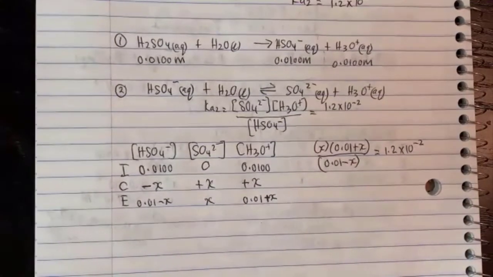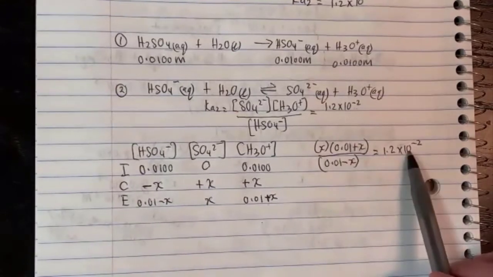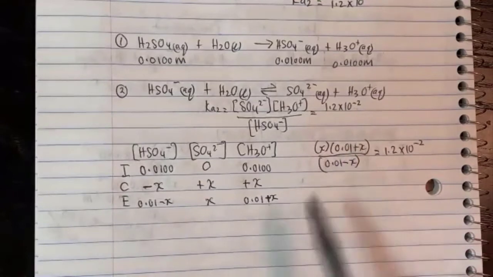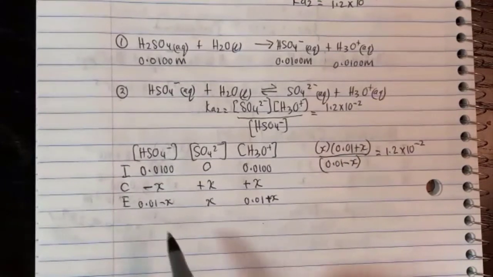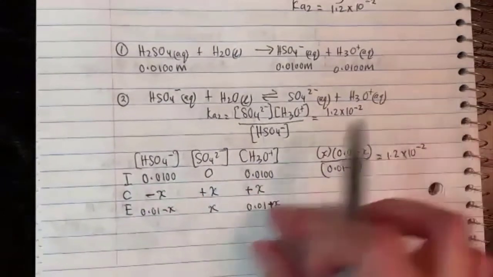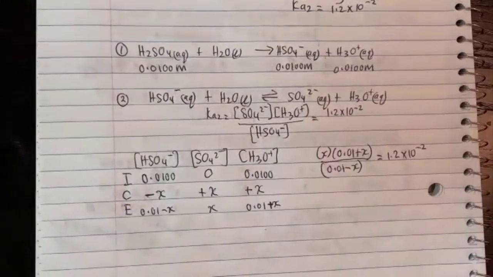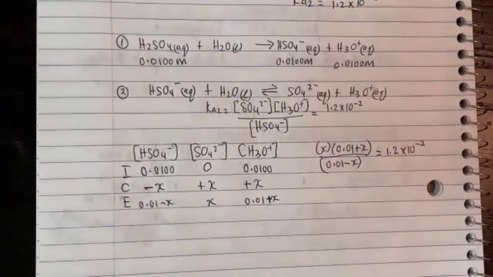Okay, so now that we have this here, we have to solve it. So I'll take this times that on both sides, and then this can be combined together. I'm going to bring that down over here so I have more space to write all my math out.